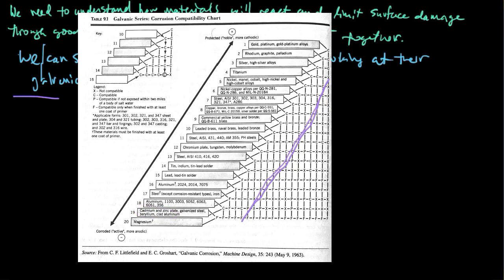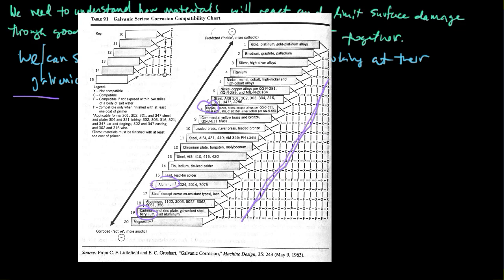They're the difference between 16 and 19. So they're close to one another. So if we had cadmium coated screws in aluminum, it's probably okay for some environments. But if for some reason somebody put a copper washer between them, then they would cause the aluminum to corrode quite rapidly.